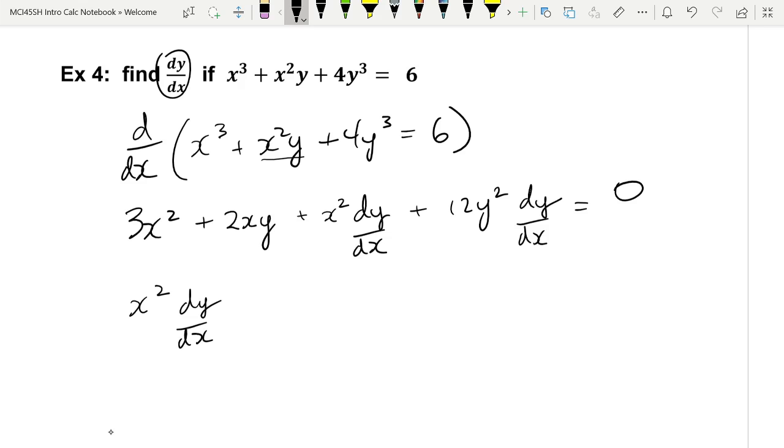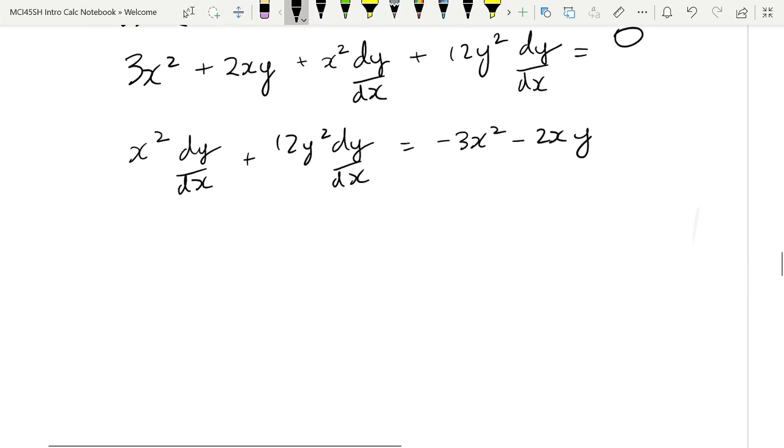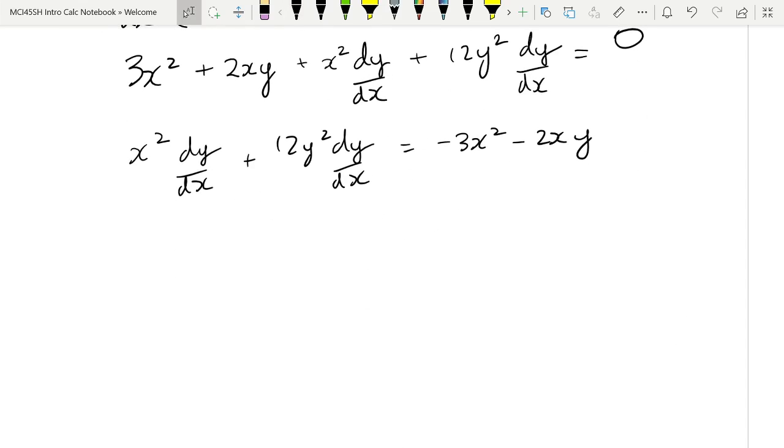So x squared times dy/dx plus 12y squared times dy/dx is going to equal, and I'll move the other things to the other side, negative 3x squared minus 2xy. And then what tool in the toolbox can I get? Because remember, I want to isolate dy/dx. I'm going to factor dy/dx out of the left side.